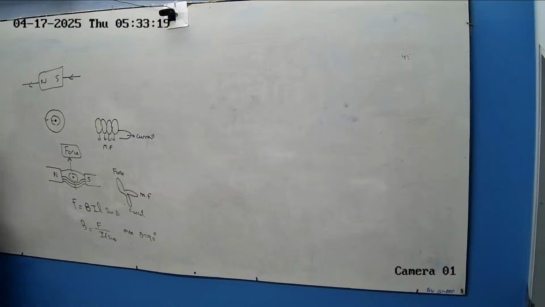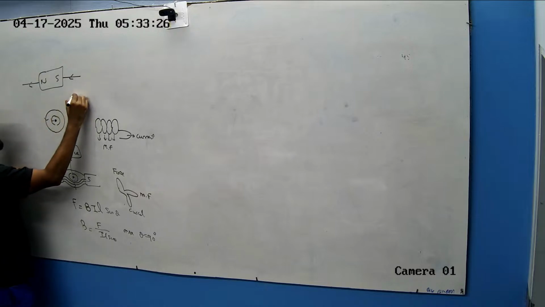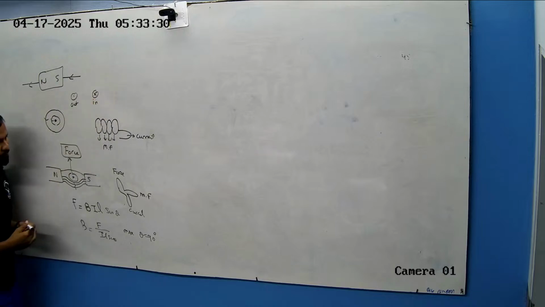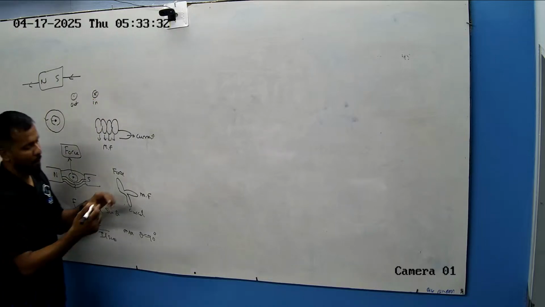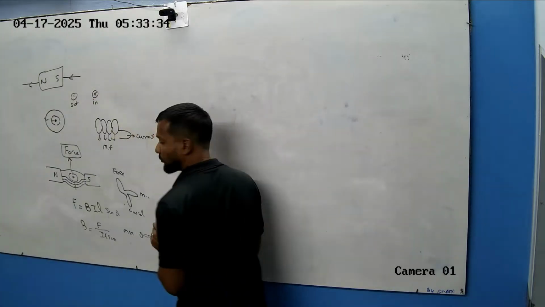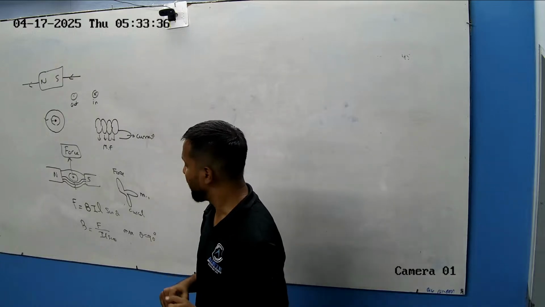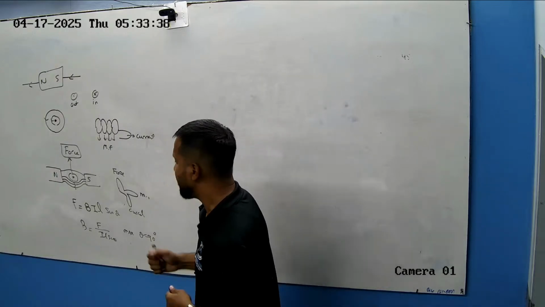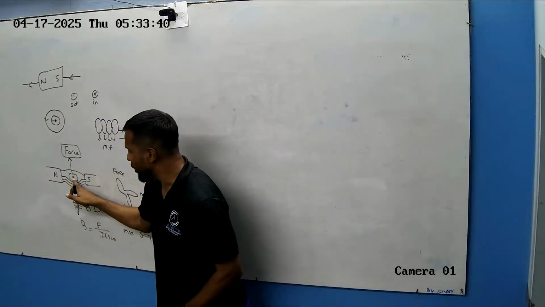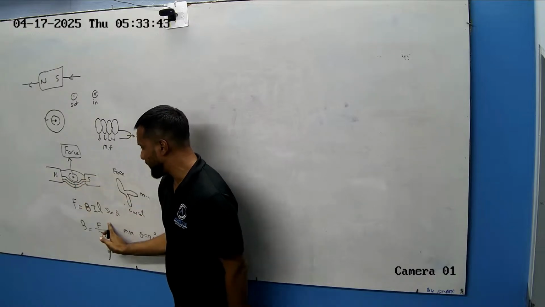Dot is out, X is in. The force on the conductor: so if you have a conductor in a magnetic field, that's the force on it.